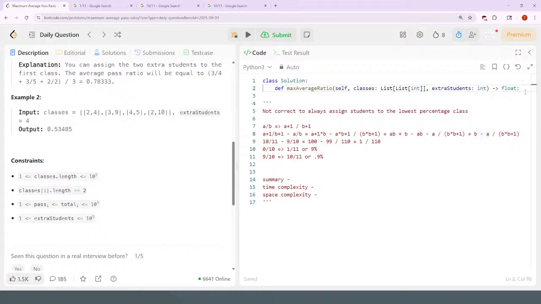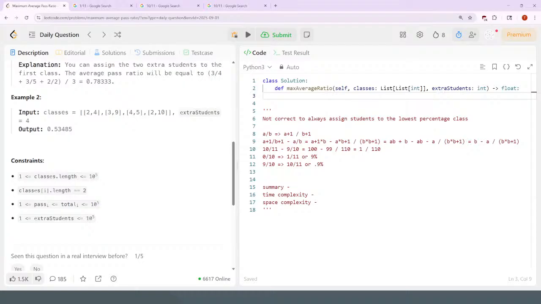And the heap is sorted by the most gain.